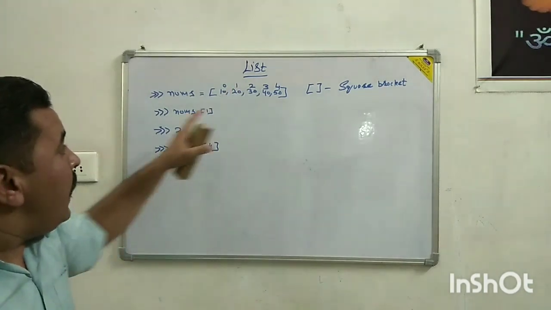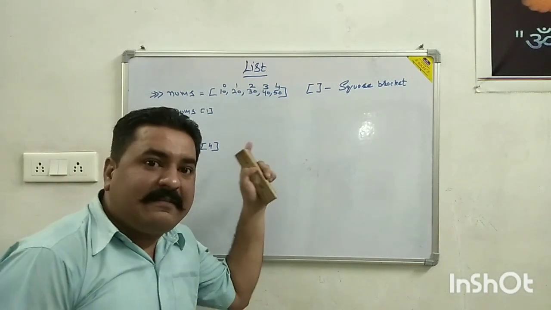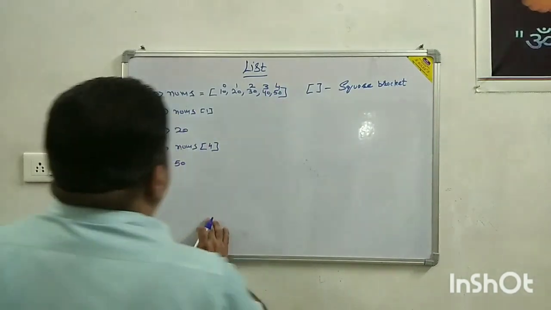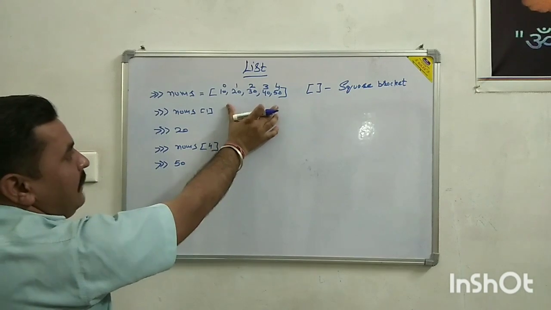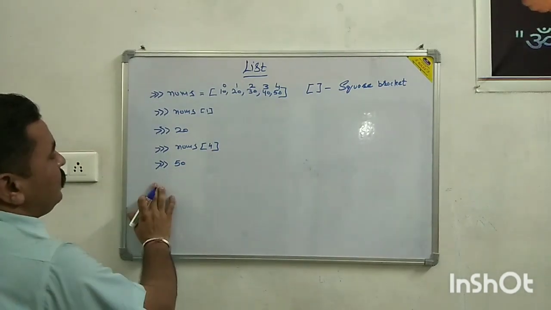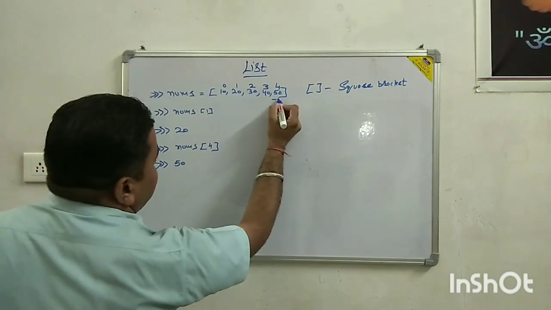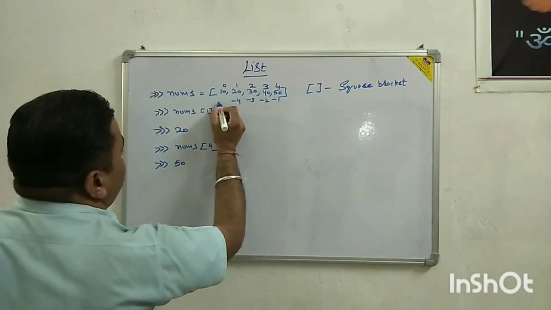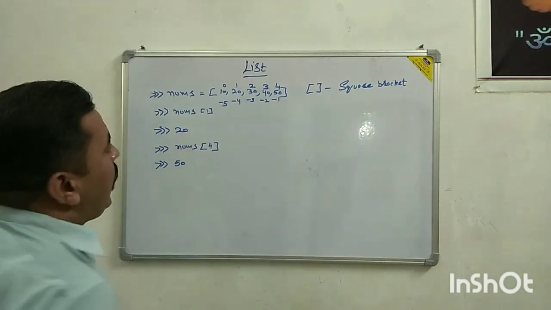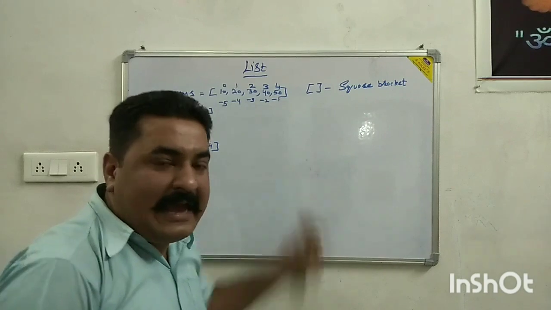So these are the numeric elements we are using in a list, all of the same type. Now we come to negative indexing. We write -1, -2, -3, -4, -5 as the index values.